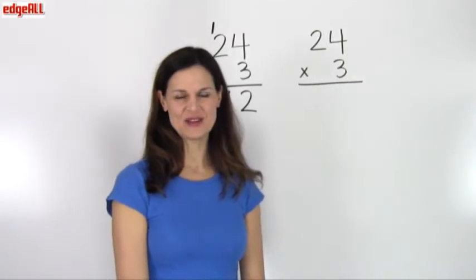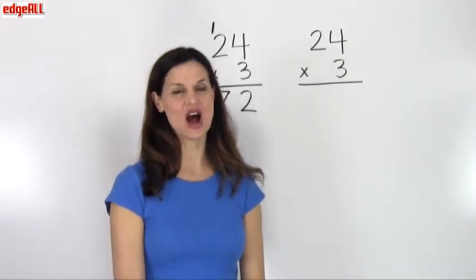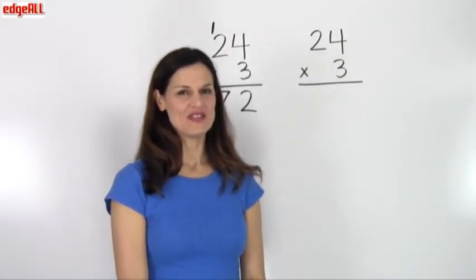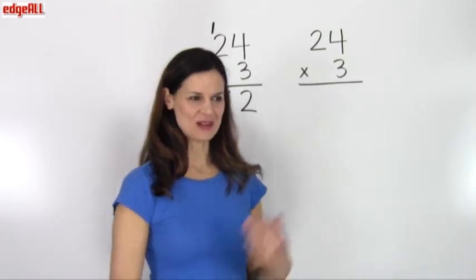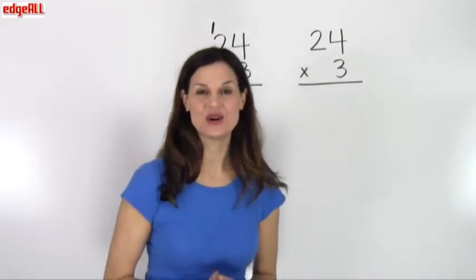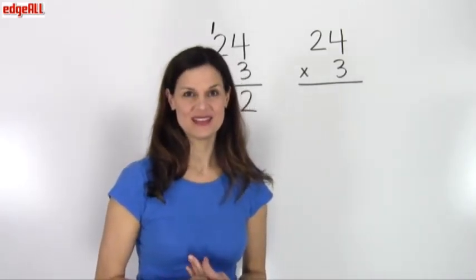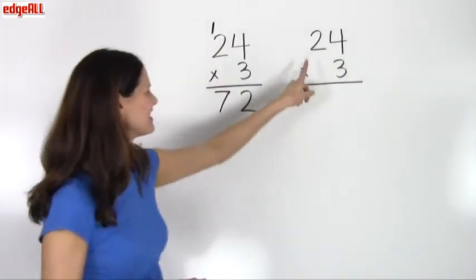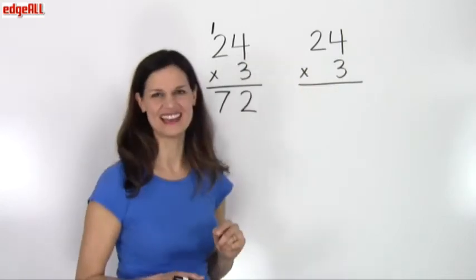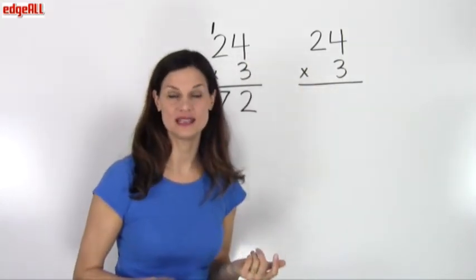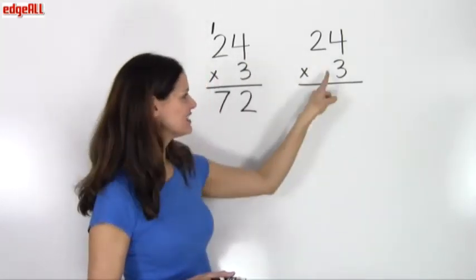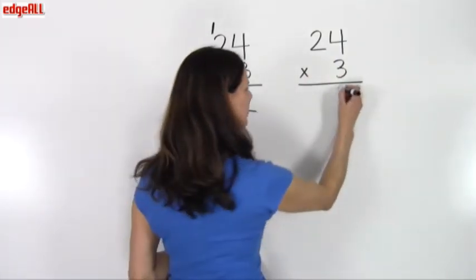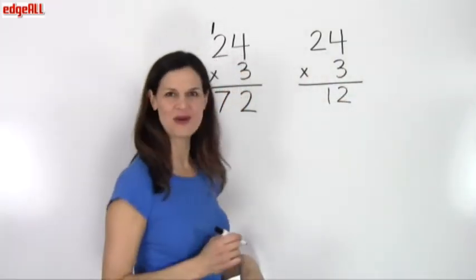Let's take a look for a minute at a mistake that's commonly made. If you are working on a multiplication problem and you don't regroup, you can come up with some pretty wrong answers. So let's look at this 24 times 3 again and see what would happen if we didn't regroup. If I just said, oh, 3 times 4 equals 12, and I wrote my answer down here, 12.